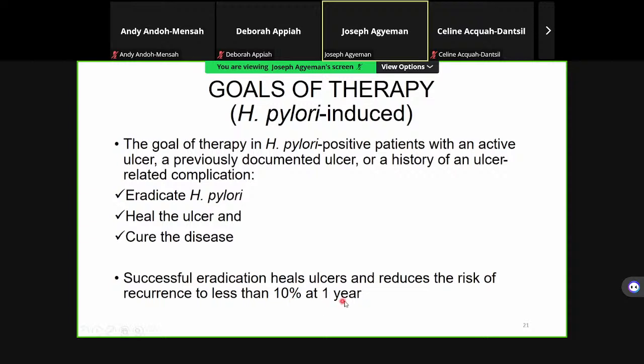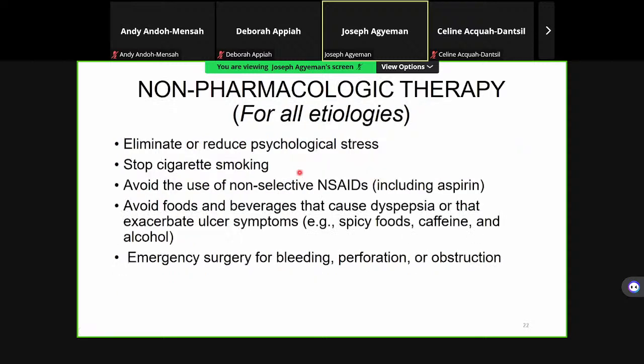It means that being able to eradicate the H. pylori is very, very important, because if it is there, you are not able to eradicate it, you still have some traces. In no time, they will proliferate, multiply in numbers, and cause the ulcer again. But if you're able to clear them, everything, then likely you are going to have this less than 10% recurrence. So H. pylori clearance is very, very important when it is H. pylori induced.